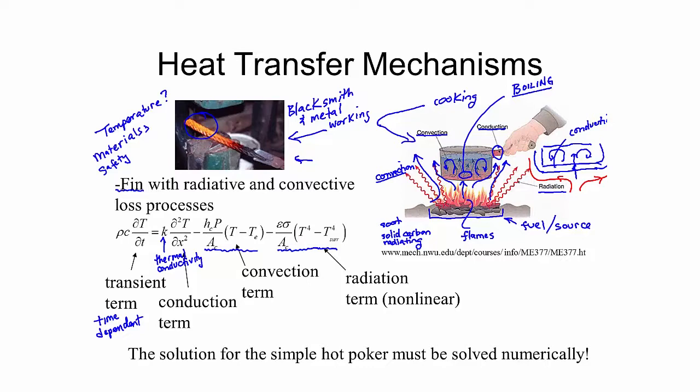And so this is a complicated, and let's make sure that we understand what kind of equation this is. This is a complicated partial differential equation. And equations like this are oftentimes solved numerically, particularly when they have nonlinearities like this radiation term.